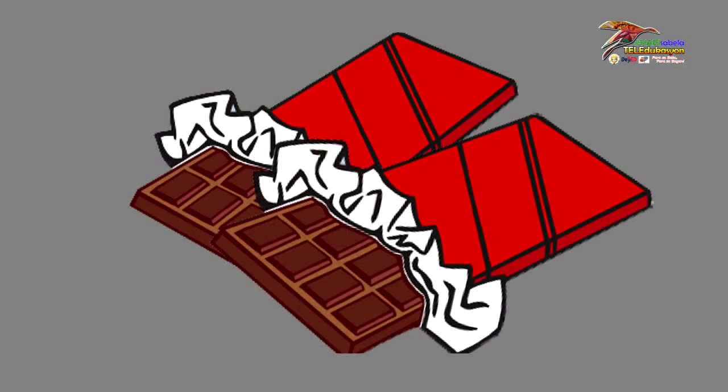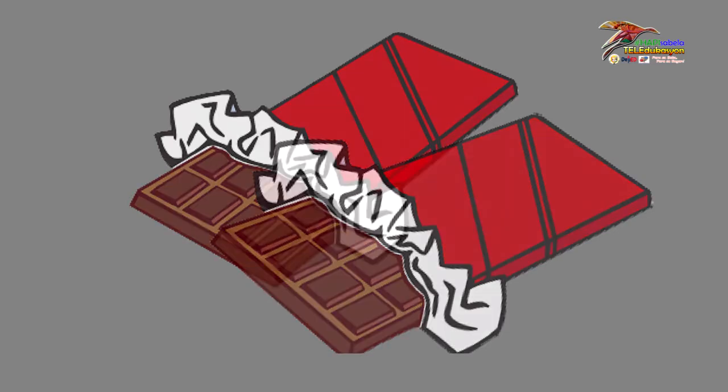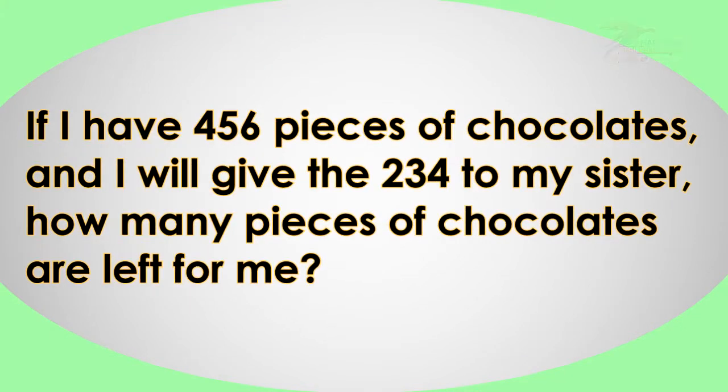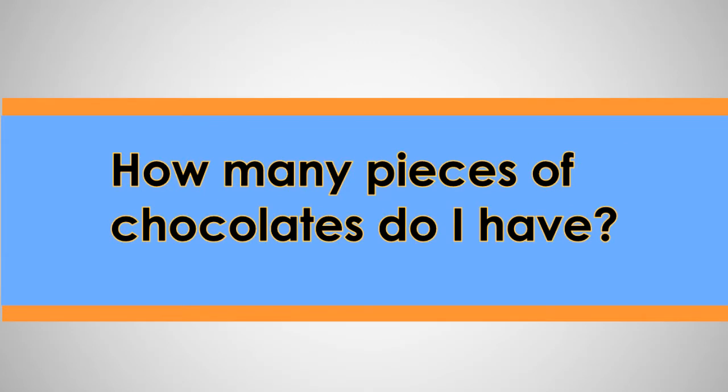Let's have this situation and answer what is asked of us to do. Since most of you like chocolates, this situation would interest you better. If I have 456 pieces of chocolates and I will give 234 to my sister, how many pieces of chocolates are left for me? Based on the situation, how many pieces of chocolates do I have?